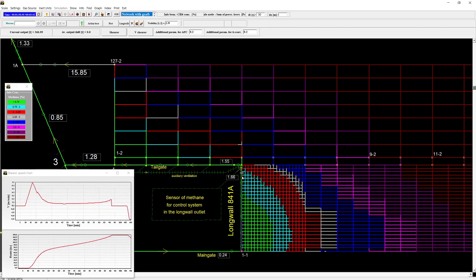and as it advances it's got a negative value of the cutting speed, which due to the increase in methane concentration had to be reduced.